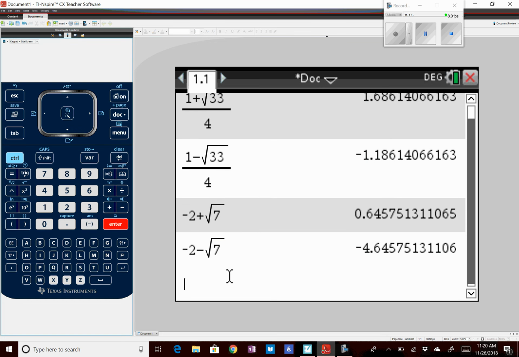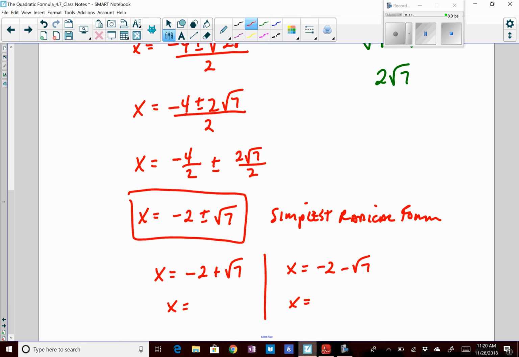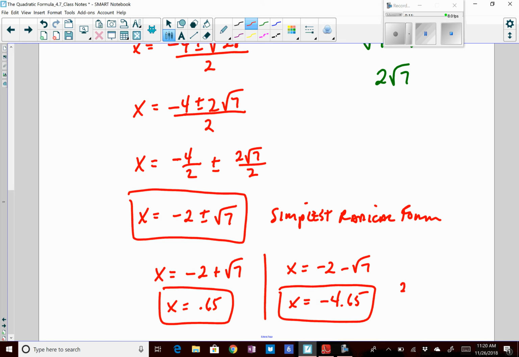So our solutions are 0.65 and -4.65. Okay, so our solutions here, 2 decimal places. All right, so we have 2 ways to answer it, again, depending on how they ask us to present the answer. So we have simplest radical form, and then we have to the nearest hundredth or 2 decimal places.